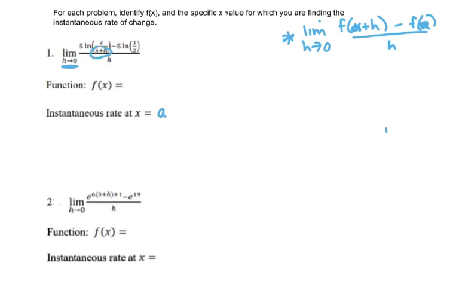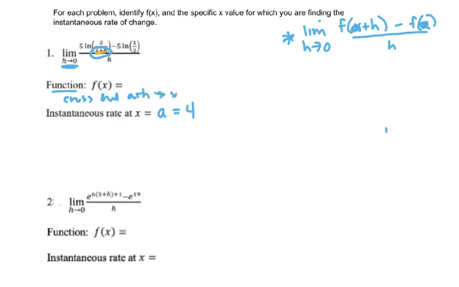Right here, a is going to be the part that has the plus h in it. So it's going to be whatever number has a plus h. So a in this case is 4, okay? And then for the function, you just cross out the a plus h part and replace it with an x.